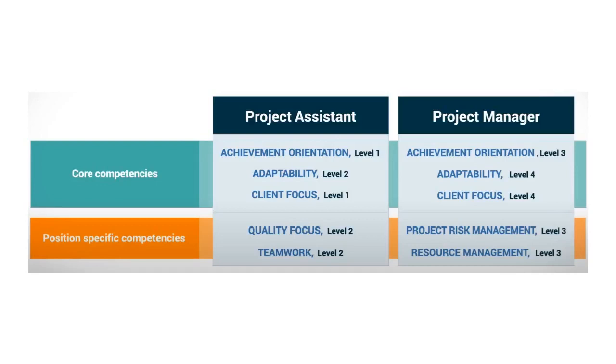So that means it's clearly defined that the competencies for different positions would also differ, even for position-specific competencies like teamwork. Level 2 is required of a project assistant, and for project manager it's level 3.